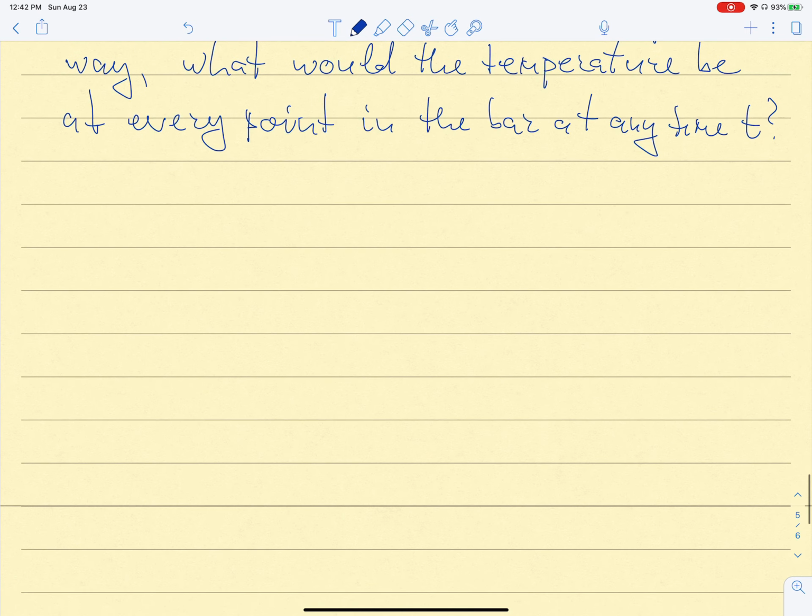Okay, so again, let's say we have this bar. Let's say one end is at the point 0, another end is at the point L. Temperature here is T0, here it is T1, so these are going to be fixed constants.